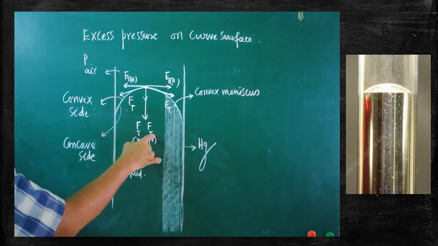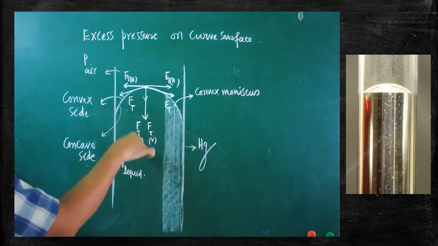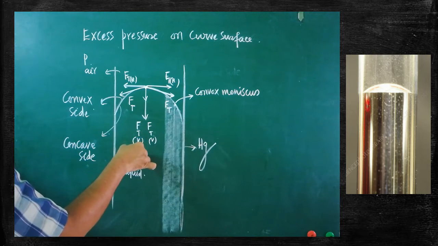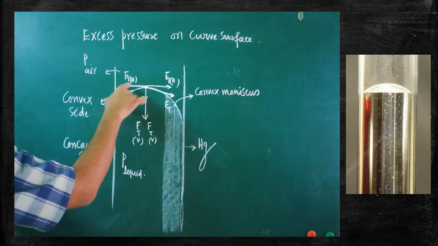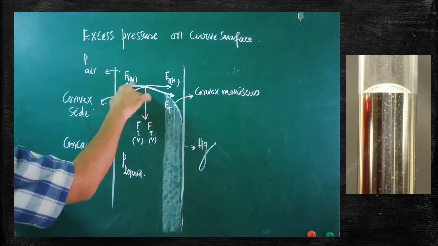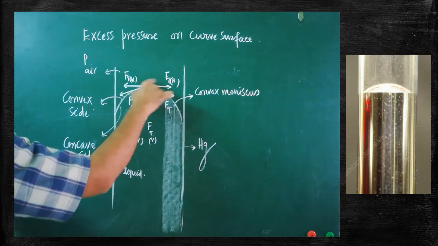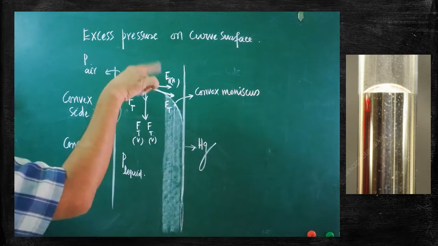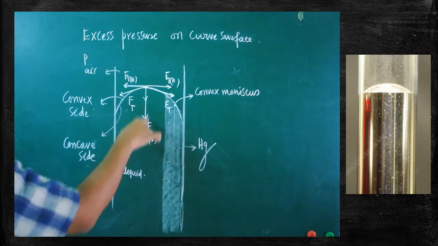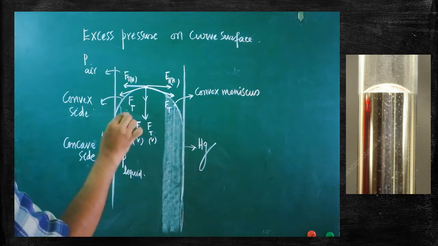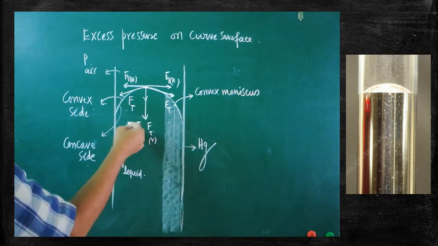These two vertical components both are acting on the same line and you will get the net force. But the two horizontal components are equal in magnitude and act in opposite directions. Therefore the net force along the horizontal is 0, but the net force along the vertical is there. You will get some amount of net force.